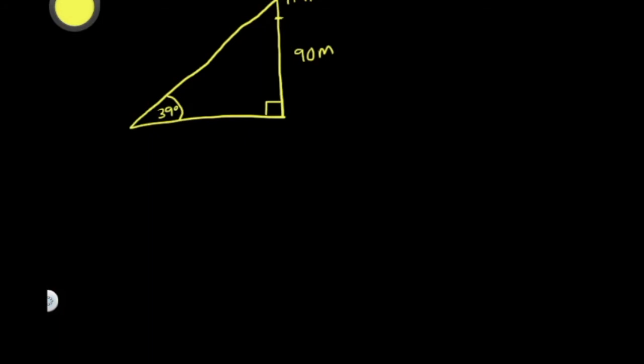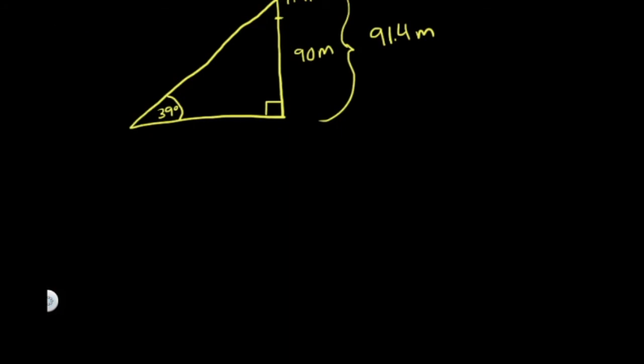Okay, so what we have to do first of all is figure out this side. We'd have to add these two together, right? Because we have the 90-meter cliff and the 1.4 meter person. So we add those together, and this side equals 91.4 meters. So there's our triangle. First of all, let's label the different sides of this triangle.